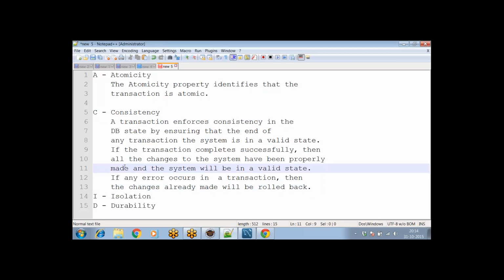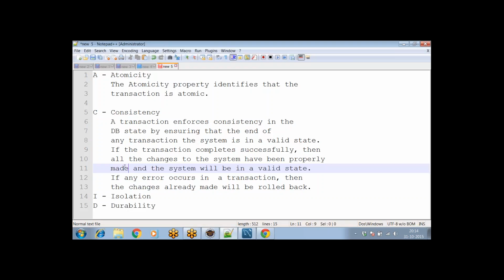If everything goes fine, the transaction will make the changes properly, and the system is said to be in a valid state.